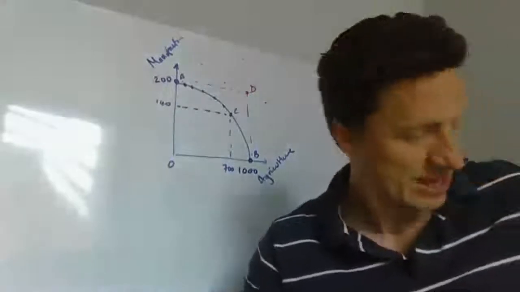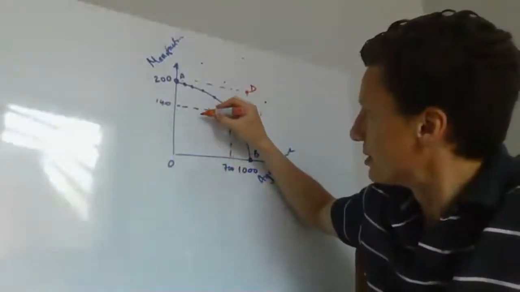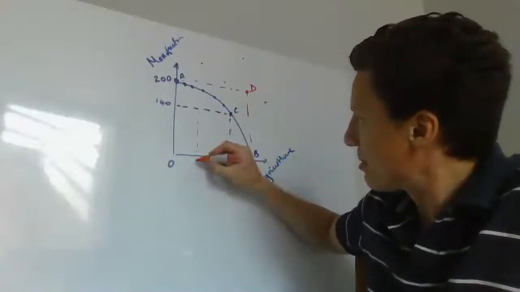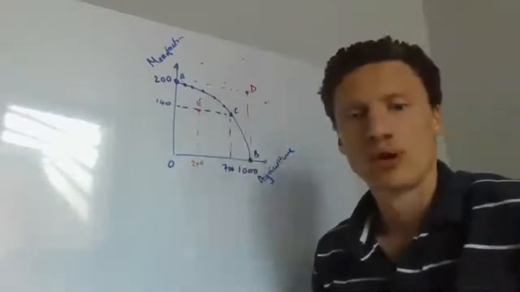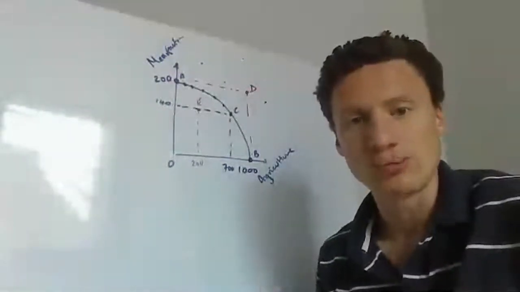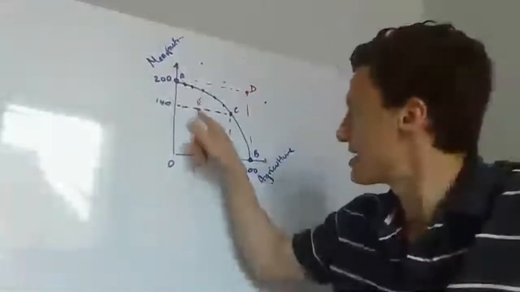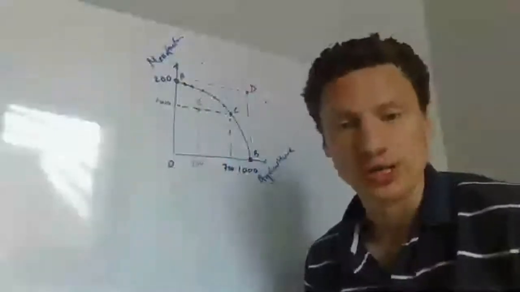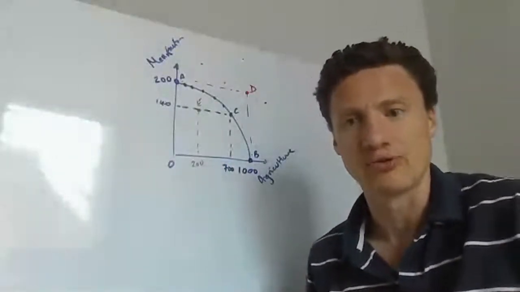On the other hand, anything within the PPF, so we could talk about that point there, we could call it E, is very much obtainable, and not just obtainable, but well within the capacity. We could make that combination of manufactured goods and agricultural goods and still have some resources left over.